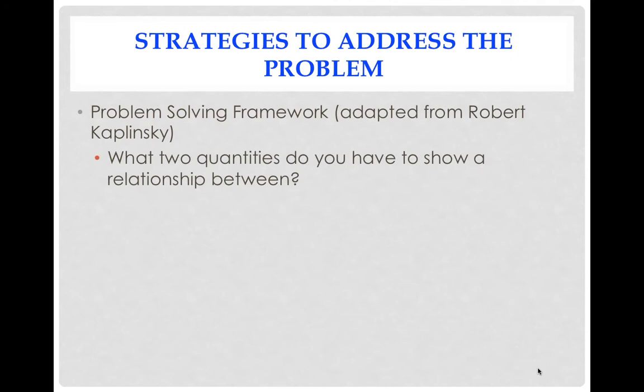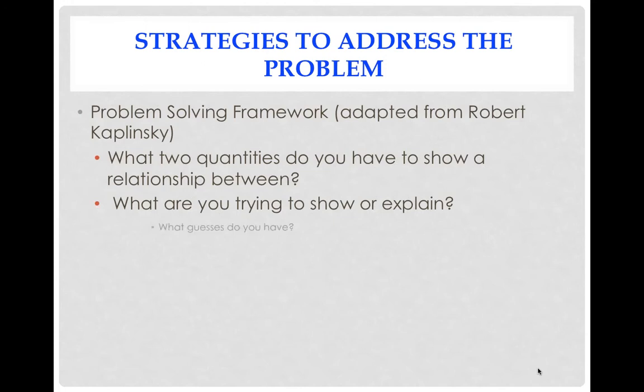So the first question in the framework that has been adopted from Robert Kaplinski is, what 2 quantities do you have to show a relationship between? And of course, you can revamp this and adapt it to whatever the assessment item is for that particular class period. The next one is, what are you trying to show or explain?